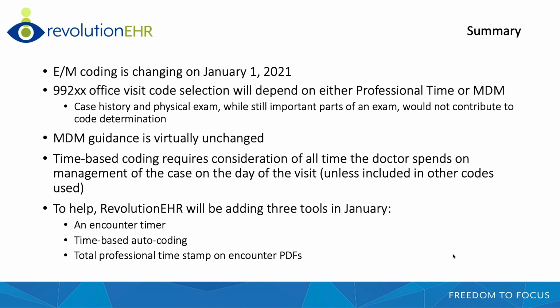And what we would recommend is that you develop familiarity with both medical decision-making and time-based coding, because there definitely will be scenarios where one supports a higher code than the other.